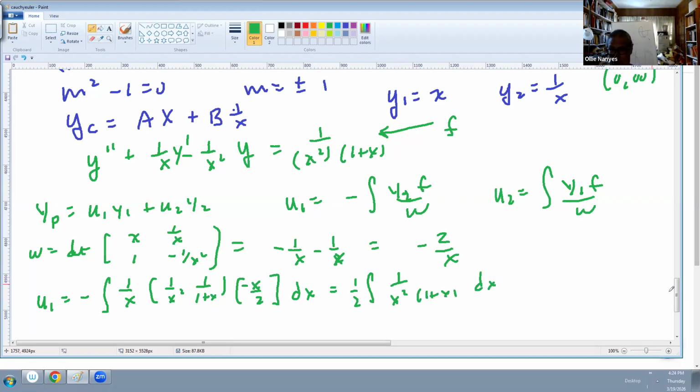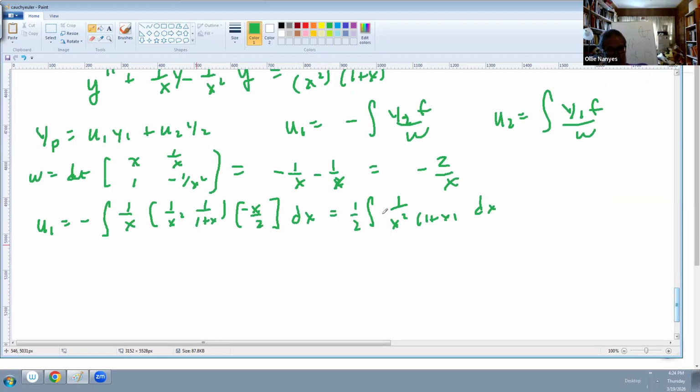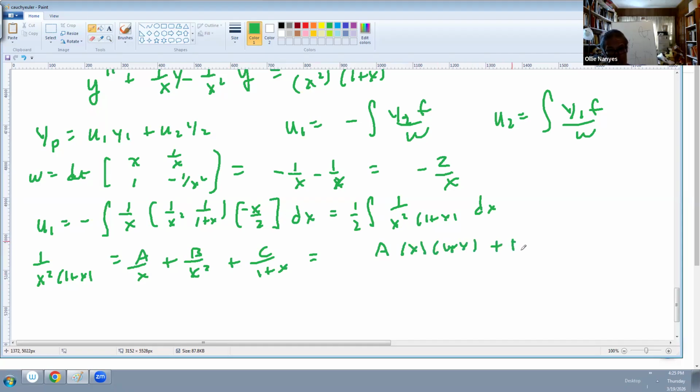Now we've got to do a little bit of calculus. The way we break this up, we know that 1 over x squared, 1 plus x is a over x plus b over x squared plus c over 1 plus x. Getting a common denominator, we get a x, 1 plus x, plus b, 1 plus x, plus c x squared, all over this.